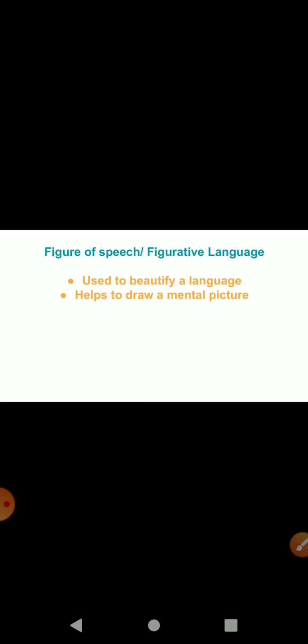So we use certain words or phrases to present our views, to present anything in a beautiful way, and that leaves an image or an impression on the listener. So we beautify our speech, we decorate our speech with the help of figure of speech. So it's also known as figure of speech or figurative language.